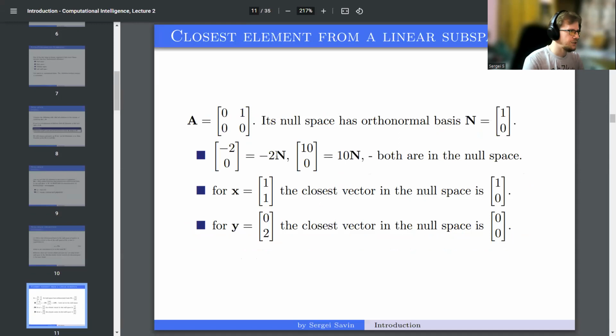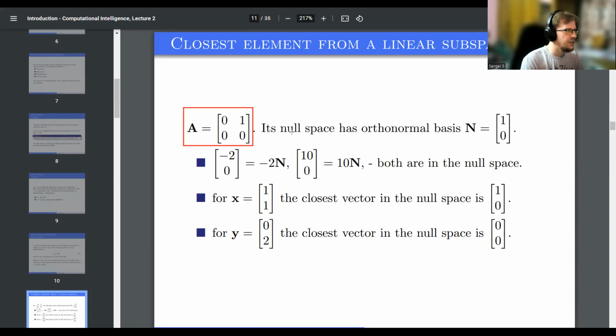Let me give you examples. So we have matrix A looking like this. Its null space is given by this basis N. The basis N contains one vector, 1, 0. So this basis spans all possible vectors, the whole linear space of vectors that A puts to 0.